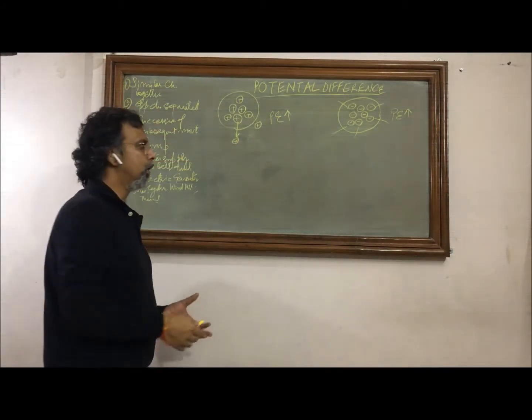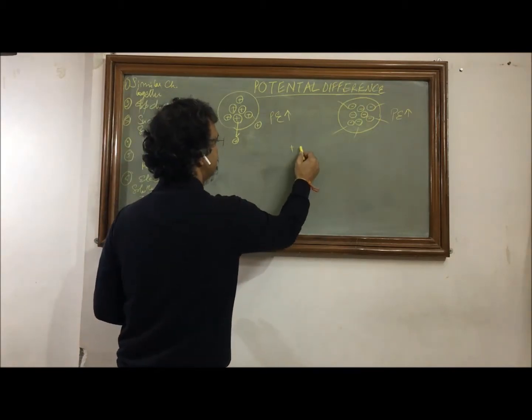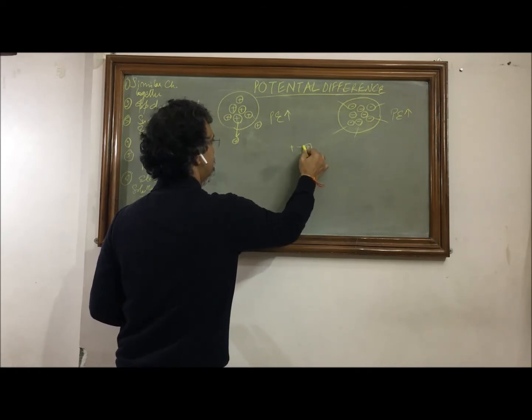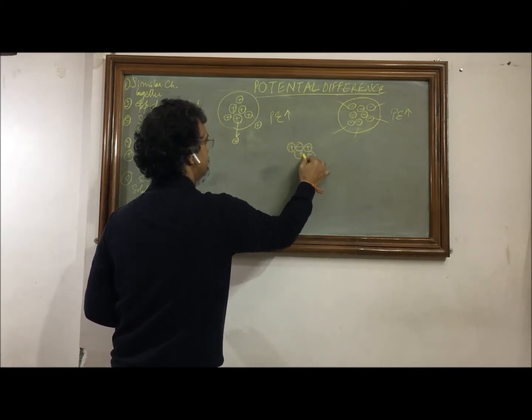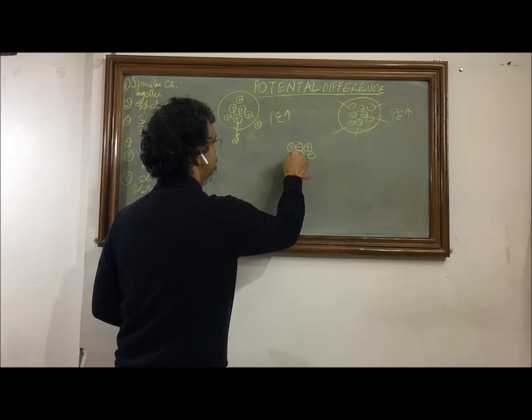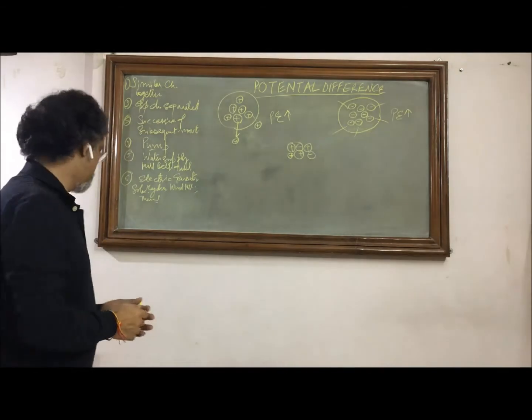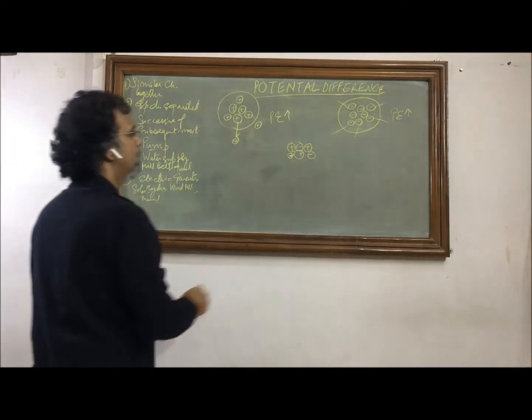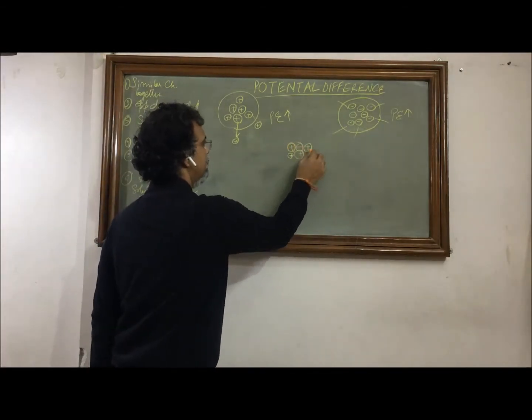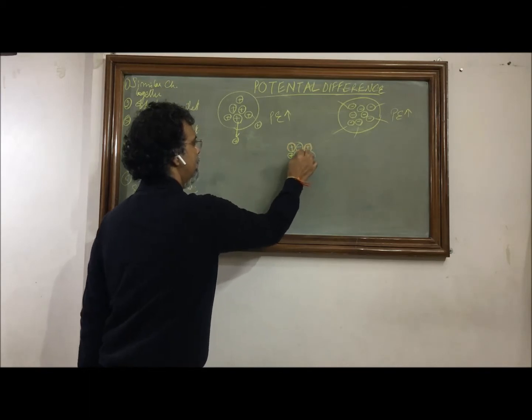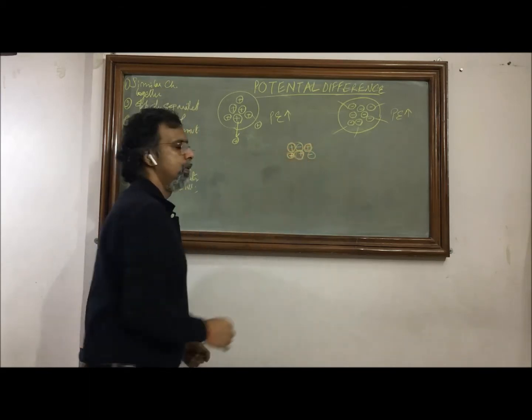We take another example. We have a collection of charges that are having both types of charges. Let's say this is a situation in which we have some positive charge and some negative charge. The red one is positive and the yellow one is negative.